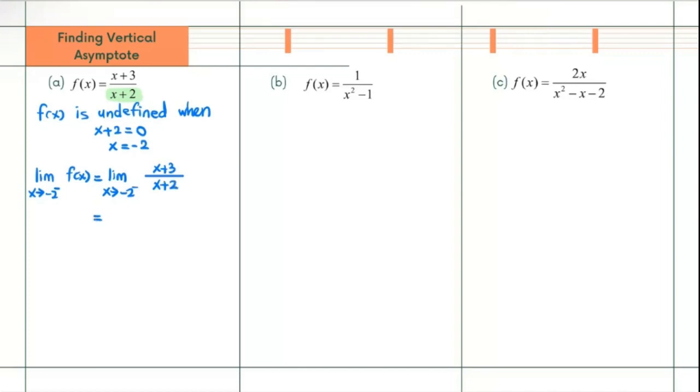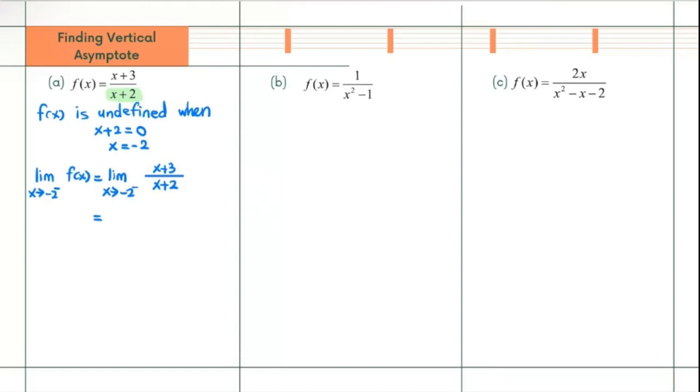Okay, macam mana dia dapat infinity kalau bawah tu adalah sama dengan kosong kan? Constant over 0, kita akan dapat infinity. Cuma kita perlu tahu 0 ini adalah 0 yang negatif atau 0 yang positif. So ini nanti boleh tengok balik case yang ke-3 tak silap saya.